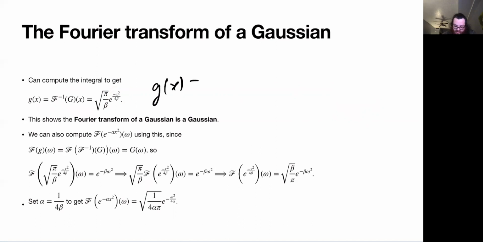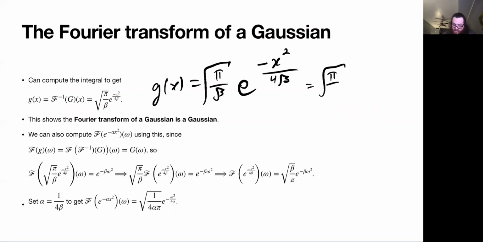So g of x becomes square root of pi over beta times e to the minus x squared over 4 beta. Which we can also write as square root of pi over beta e to the minus 1 over 4 beta x squared.